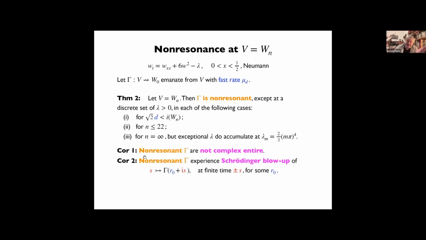They are not complex entire by the theorem which we proved in public with interruptions. And the solution experiences Schrödinger blow-up at finite time for some initial conditions R0. So along the heteroclinic orbit, there are initial conditions, R0, where you experience finite blow-up in imaginary time. Certainly, if R0 is very negative, you cannot expect this blow-up to occur, okay? Because there it's quasi-periodic.